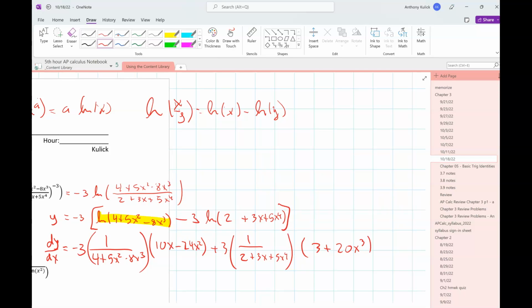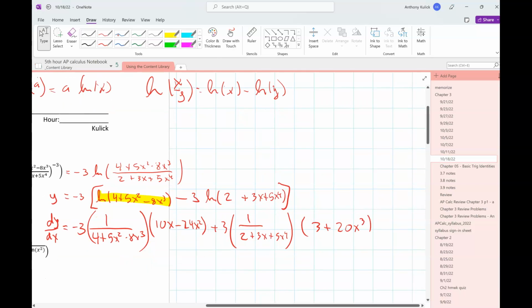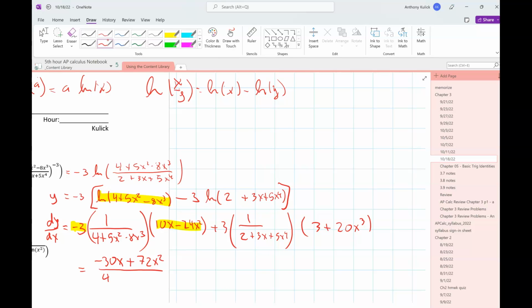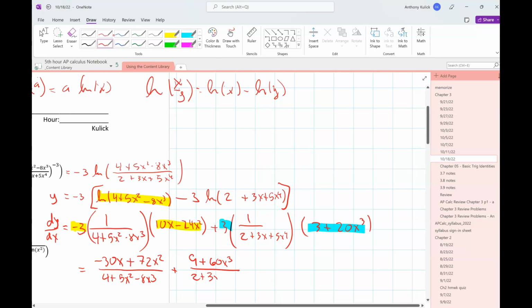And then it's just a little bit of cleanup if you want it, right? I could multiply this stuff together and put it in the numerator, and then multiply these together.